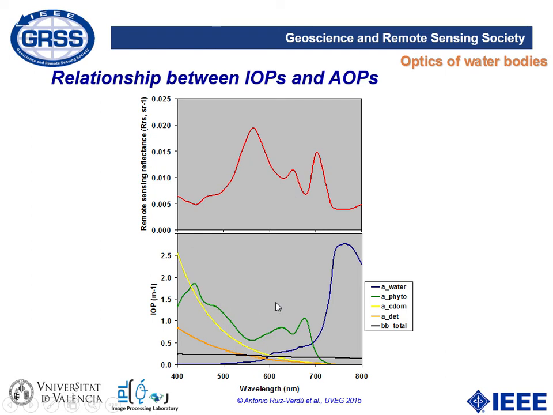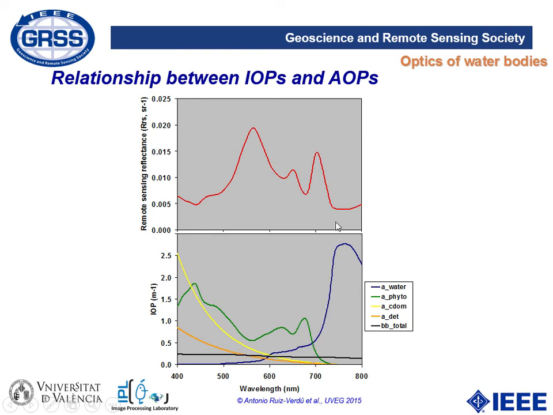Here, what we see is the different absorption and scattering coefficients of the optically active compounds. First, we can see that the water absorption is very low in the blue, green, and towards the red, but in the red, and especially in the infrared, it rises sharply.